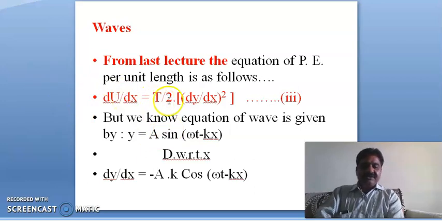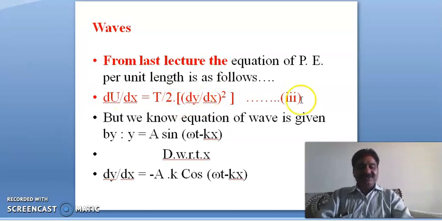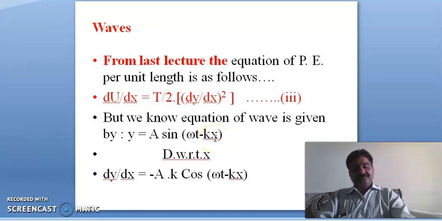But here you see dy by dx whole square is there. It is not a double derivative, only the whole square of dy by dx. But we know the wave equation: y is equal to a sin(omega t minus kx), where y is the displacement of a particle, a stands for amplitude, angular frequency omega, t for time, k constant, and x position.